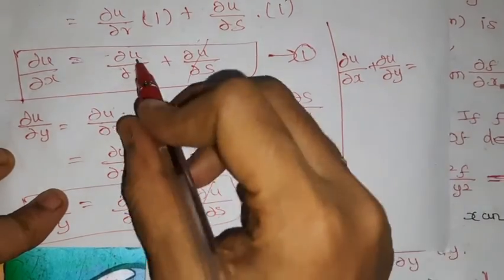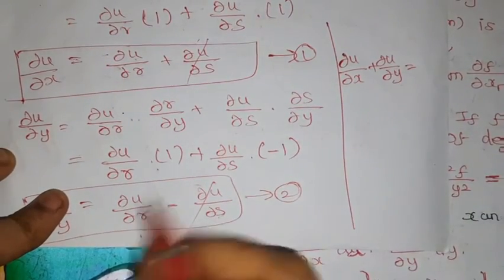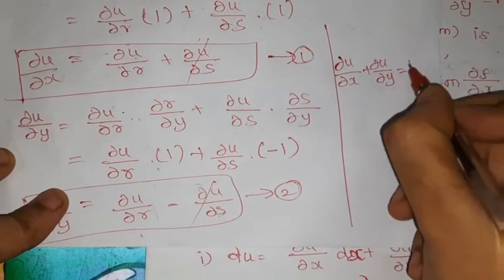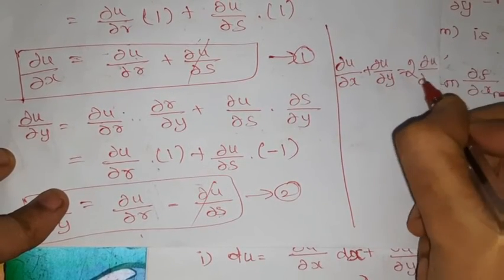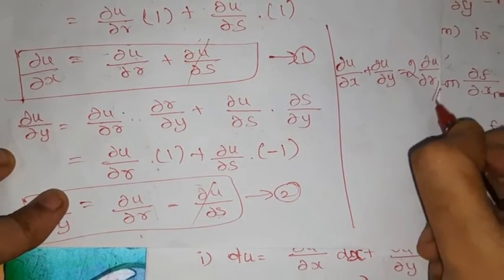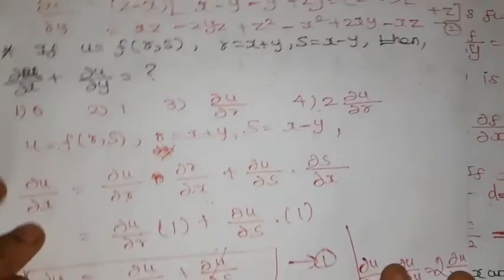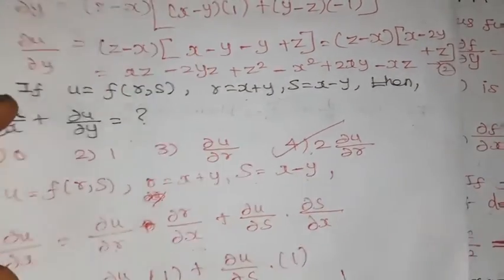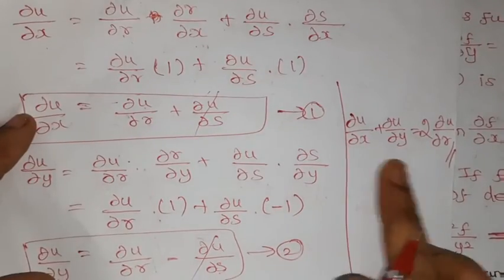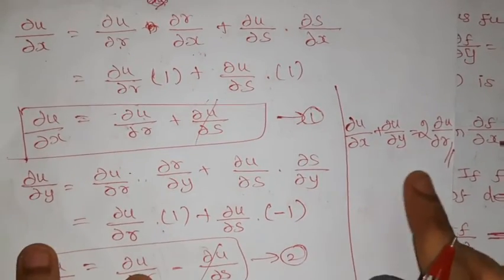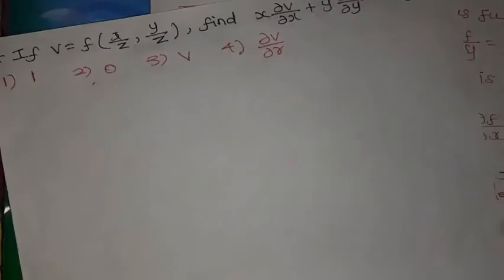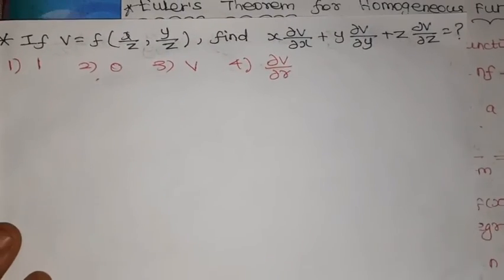We are getting ∂u/∂r plus ∂u/∂r on our RHS side, which is nothing but 2 ∂u/∂r. Okay, so this is the answer: 2 into ∂u/∂r. Option 4 is the right option. ∂u/∂x plus ∂u/∂y equal to 2 into ∂u/∂r. We'll move on to the next problem.